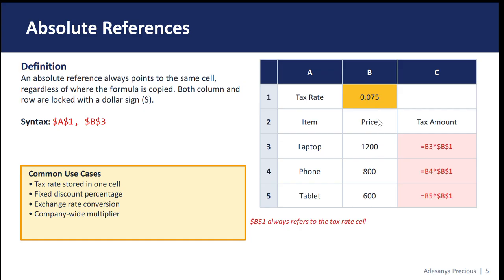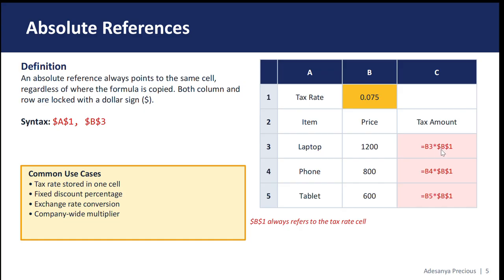If we say B3 should multiply times this, once we drag down, this B3 will change to B4, then B1 would have changed to B2, highlighting the price. But we want B3 to change, while everything should still be calculated using this static price. Then we have to use the absolute reference. The absolute reference is that we're using the dollar sign.